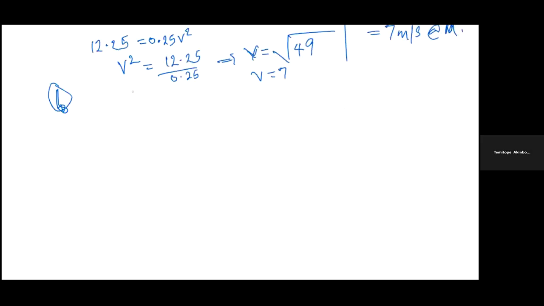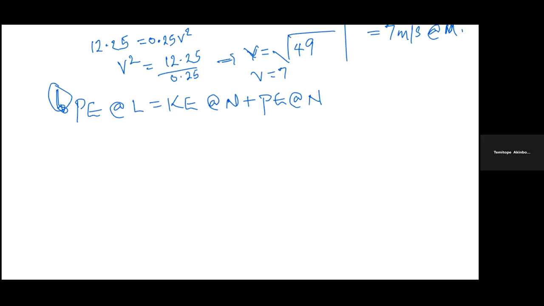B. What are we looking for in B? The question says we should find the kinetic energy of the particle at N. Now, there are two ways to do it. Potential energy at L equals kinetic energy at N plus potential energy at N. Is that clear?